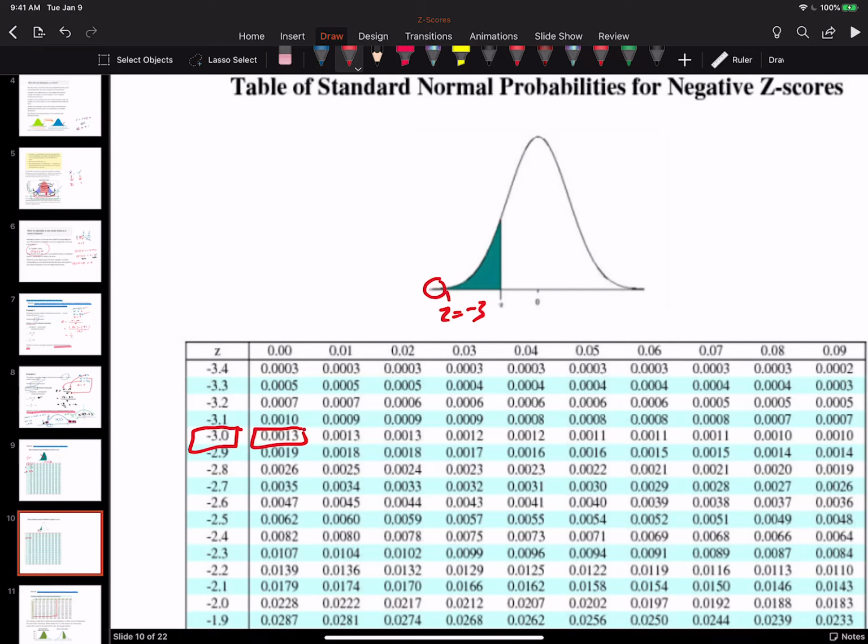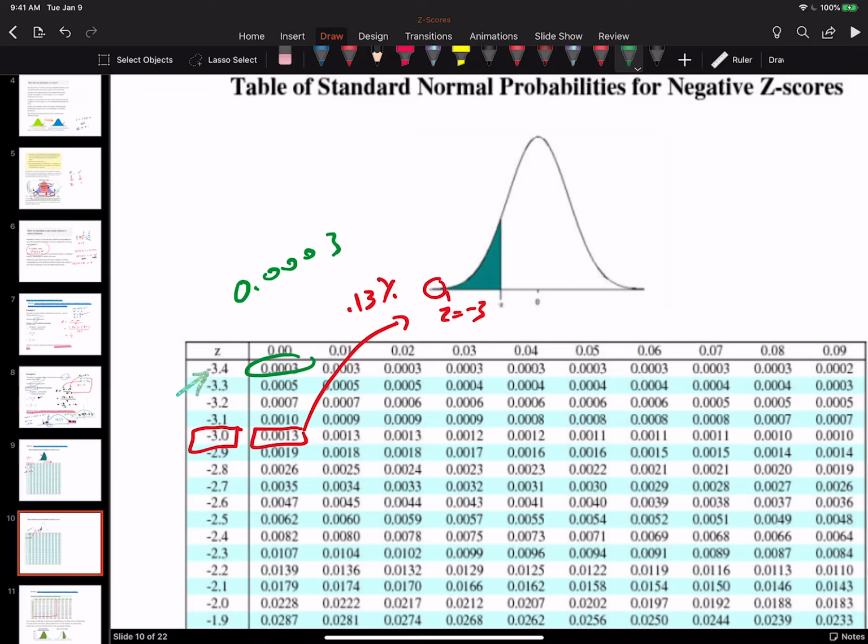It's actually that much, and that much is 0.13%, less than 1%. And that's why at negative 3.4, which is extreme, you have only that percent below, 0.0003.